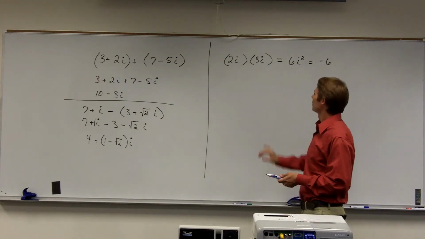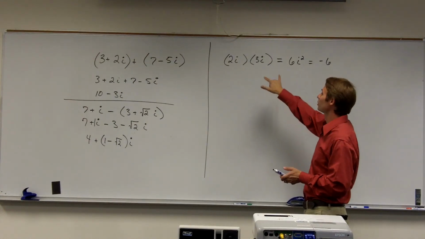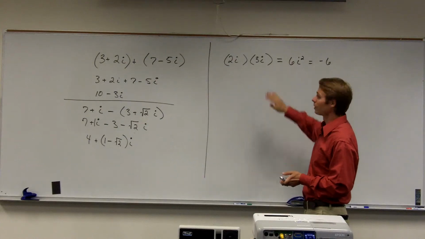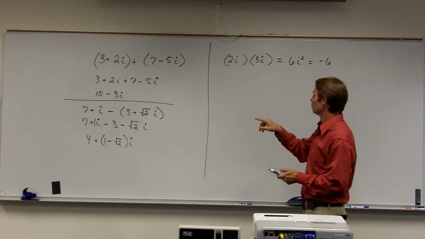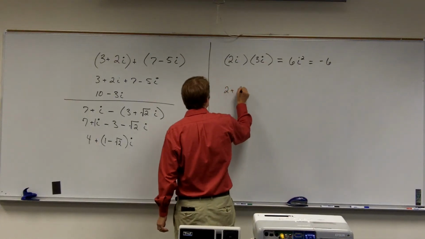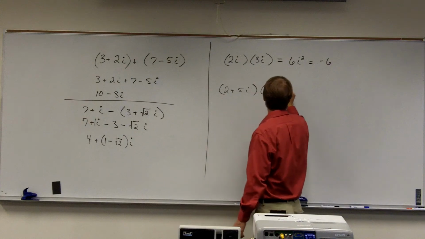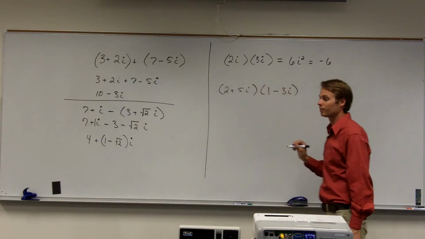So if I have two, I shouldn't say monomials, this is just two imaginary parts. I can also do it if I have it in the form a plus bi, so something like 2 plus 5i times 1 minus 3i.